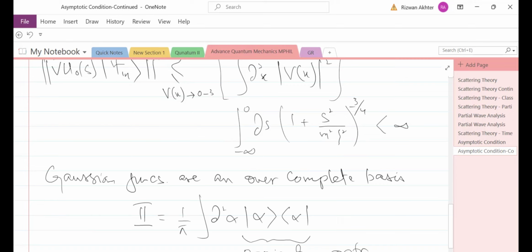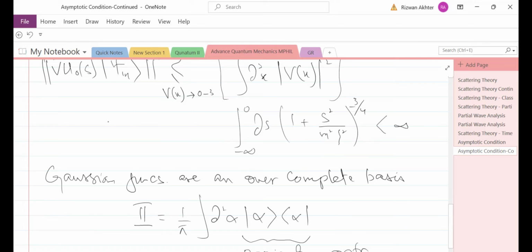Yeah, so this is just an example. So this is done for every state psi in, and every state psi in is a linear combination of the Gaussian functions. Then we can apply the argument which is given above. That is the argument which says that U dagger of t, U naught of t psi in has a limit. So what we need to define here is defining a limit.